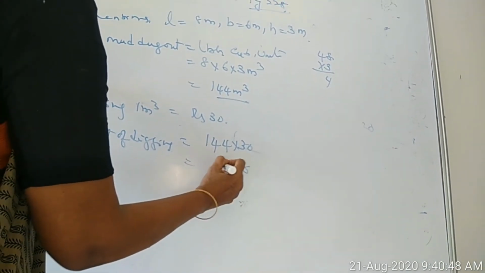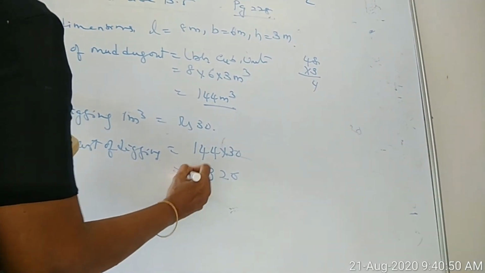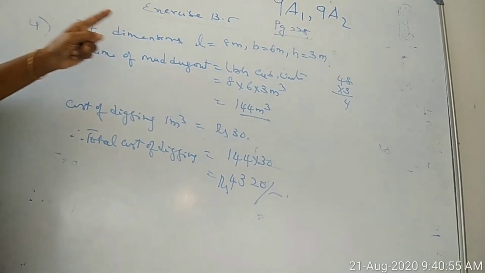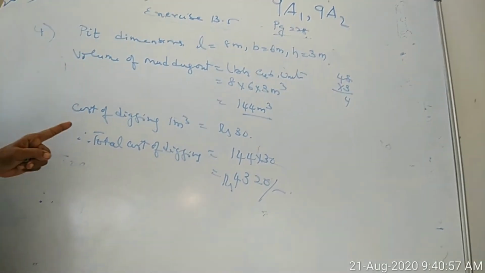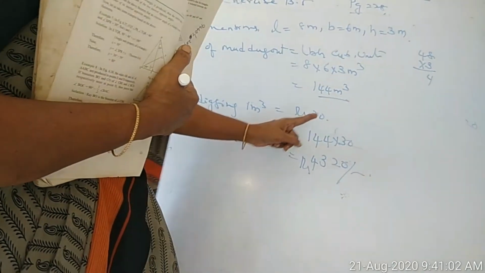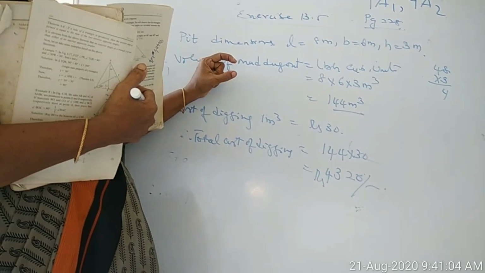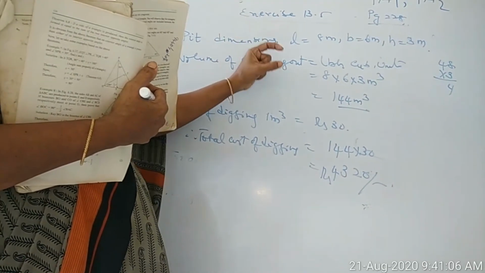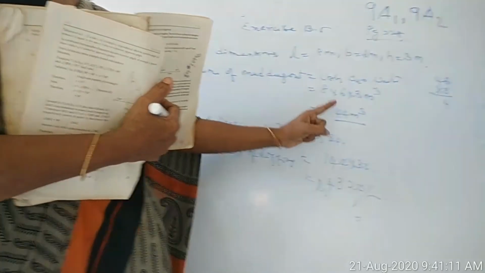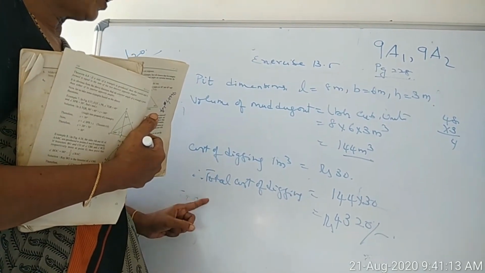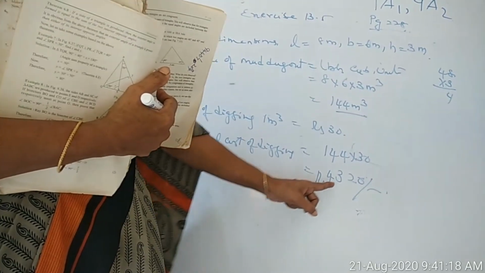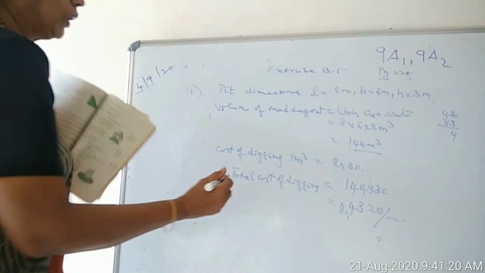The pit dimensions are given and you are asked to find the total cost of digging the pit at rupees 30 per cubic meter. First find out the volume of the mud dug out: length into breadth into height, 144 cubic meters. And what is the total cost of digging, children? 144 into 30 is rupees 4,320.